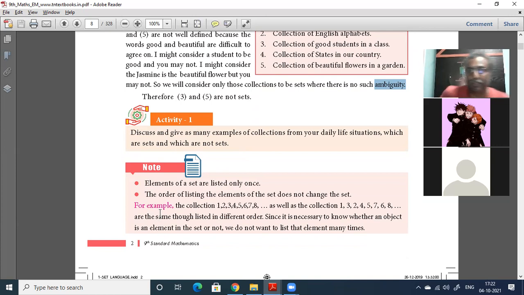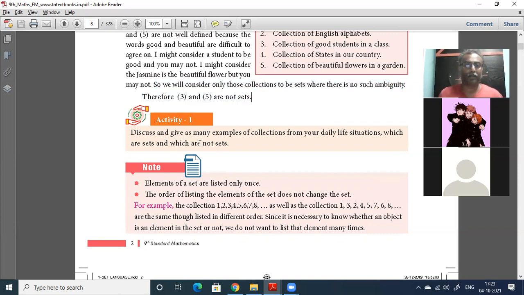Ambi means two. So the meaning is this way or that way, we don't know. If you have two types of meaning for a single definition, then you cannot define it properly. That is ambiguity, vagueness, more than one meaning. So in sets, in maths, you should not have any ambiguity.